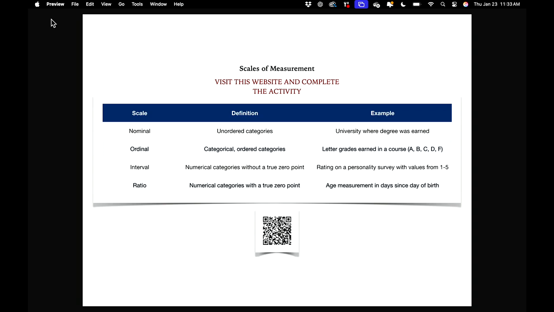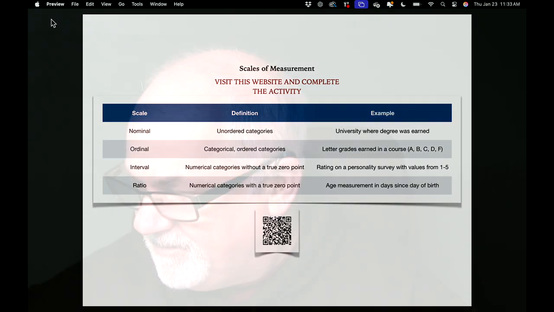Now, then we get into interval. Now, the key to understanding interval is to really look at its most common application, and that is in the scales that we see when we're asking someone to rate something, say on a scale of 1 to 5. There's no 0. You can't not participate. You have a 1, 2, 3, 4, 5.